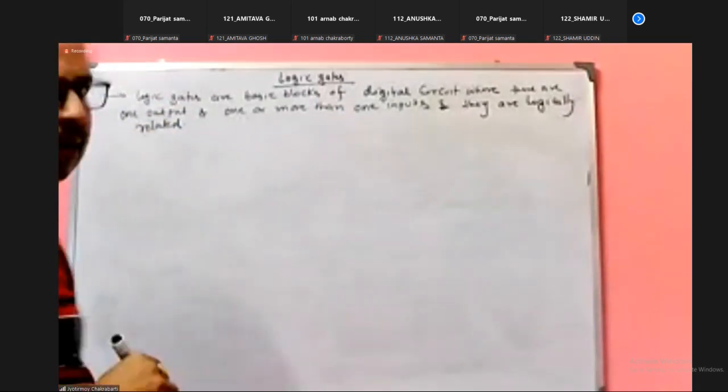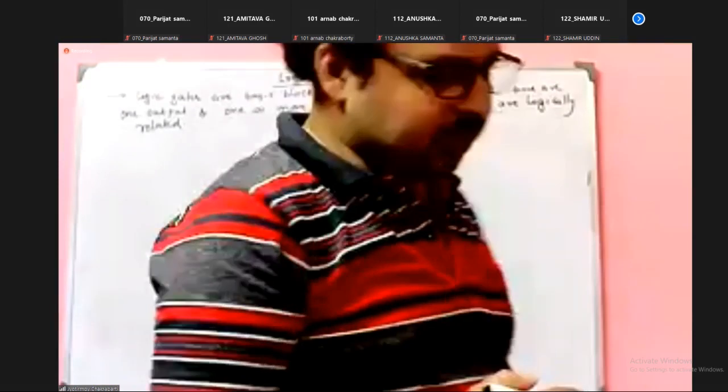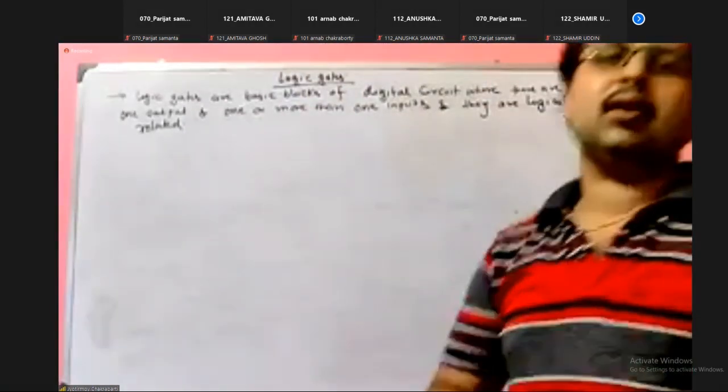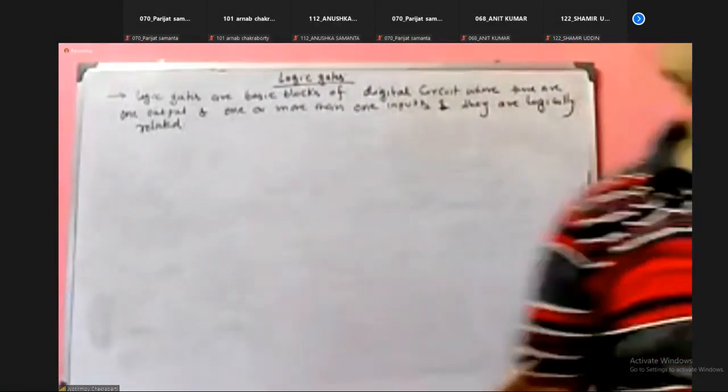So logic gates are basic blocks of digital circuits. That means using these logic gates we can design any digital circuit.